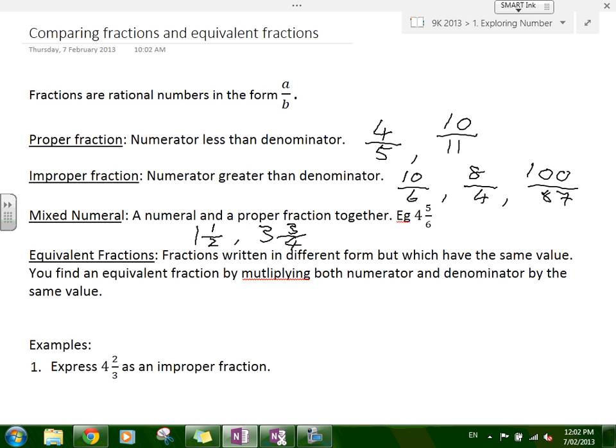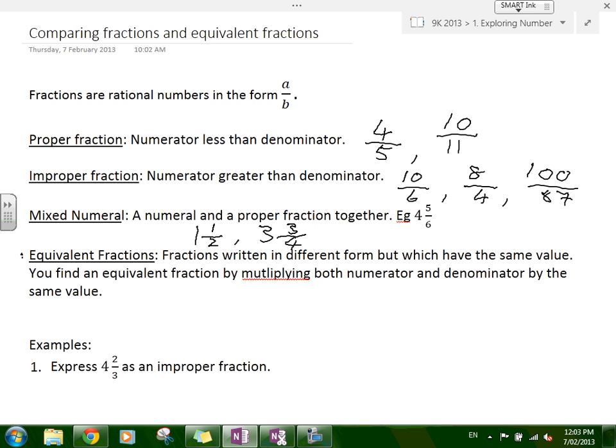Then a very important concept is what we call equivalent fractions. Equivalent is where we get the word equal from. Equivalent means they have the same value. The important thing about equivalent fractions is you have two fractions which have the same value but are written differently. It could be 1/2 and 3 over 6.